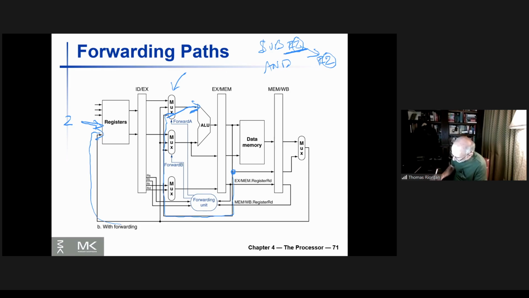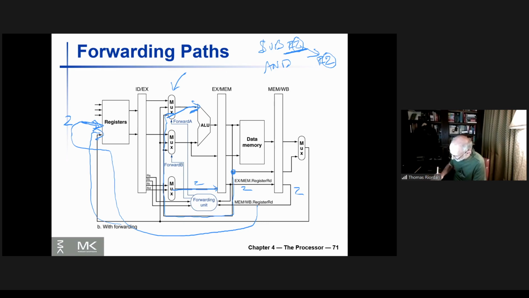To make that happen, we took the R2, so we get it right here. As the subtract is going down the pipeline, we read it out, we get a 2 here, and then the 2 moves to here, and then the 2 moves to here, and we'll take that same value here. We'll see that in the next diagram, because that's the value we need to write it into the right place in the register file.